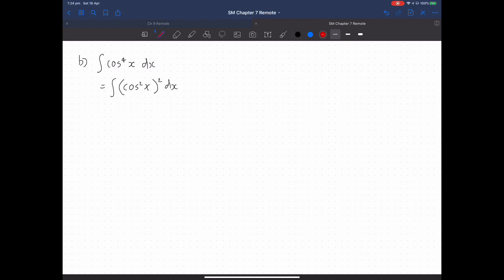This time though, the form that we're going to use, because we have cos squared x, is cos 2x equals 2 cos squared x minus 1. We can rearrange that to make cos squared x the subject and get cos squared x equals 1/2 times 1 plus cos 2x.